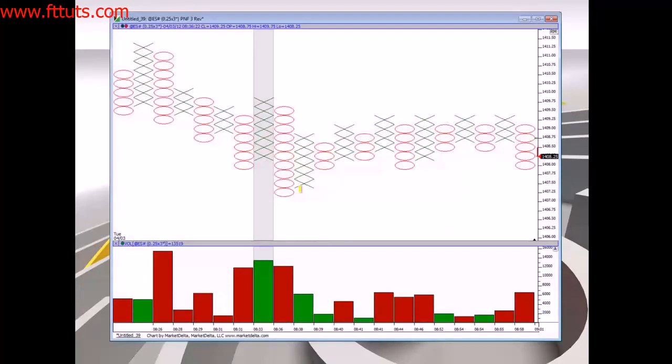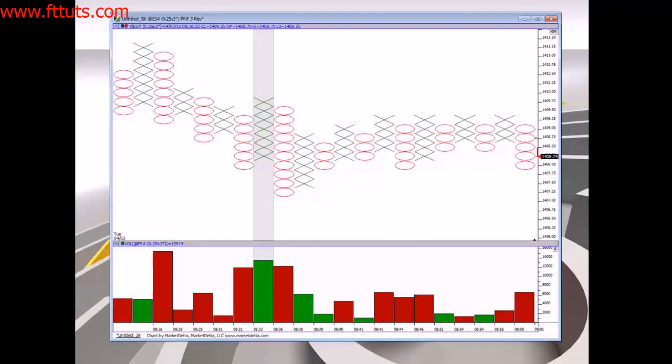Point and figure charts really take a look at price reversal within a defined range, and we get O's and X's plotted on the chart for movements up or down, and basically we analyze price direction based on the movement and the reverse activity that takes place on a point and figure chart.